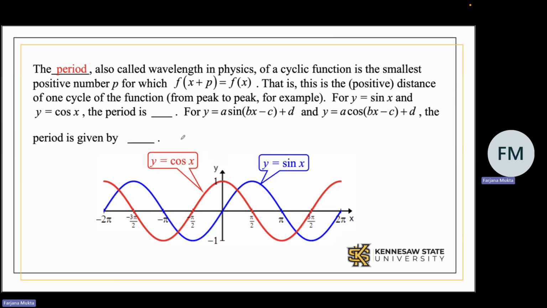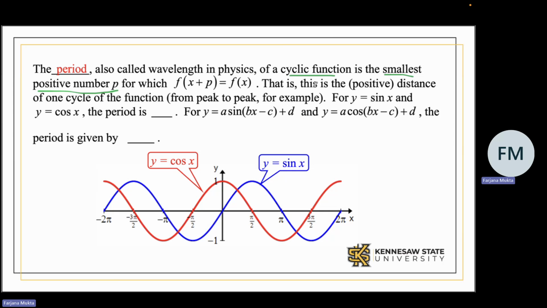Moving forward now, let's talk about the period. The period, also called the wavelength in physics, of a cyclic function is the smallest positive number p for which f of x plus p equals f of x.